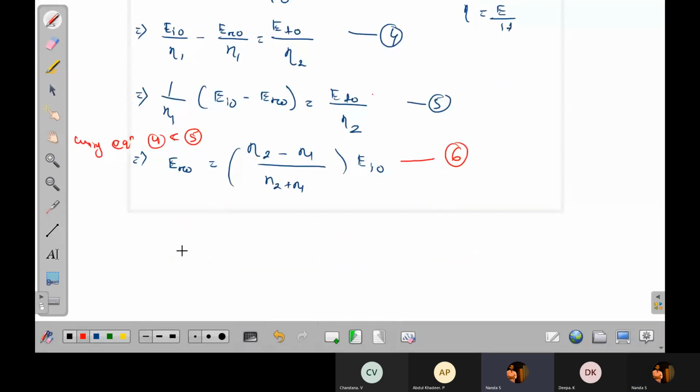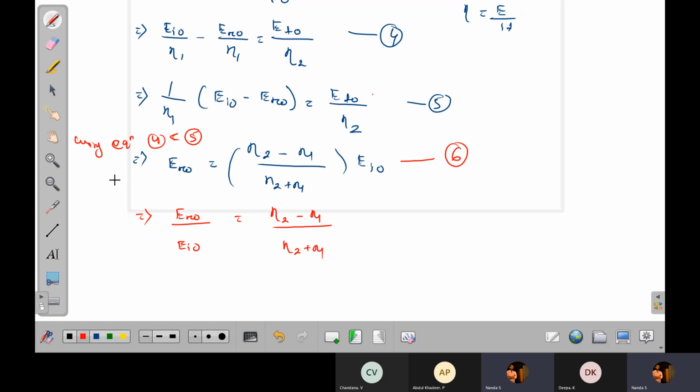Okay, so that implies we can write ER0 by EI0 equals eta 2 minus eta 1 divided by eta 2 plus eta 1. What I am doing here with mathematical expressions is removing the transmitted part and considering the reflected part.